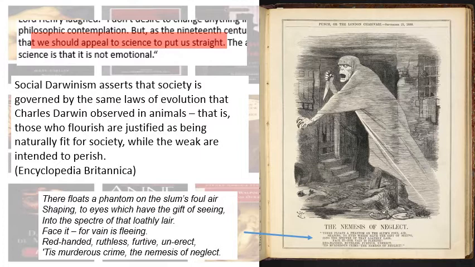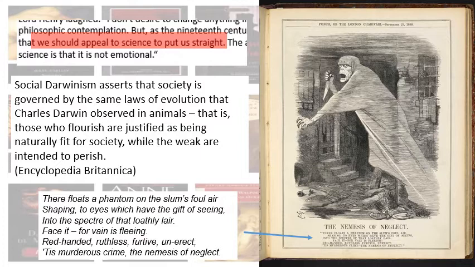Now this reflects a Victorian attitude at the time, that people like Jack the Ripper were coming out of the woodwork because of the state of some parts of London, that it was the neglect of the East End that led to people like Jack the Ripper coming out in force.